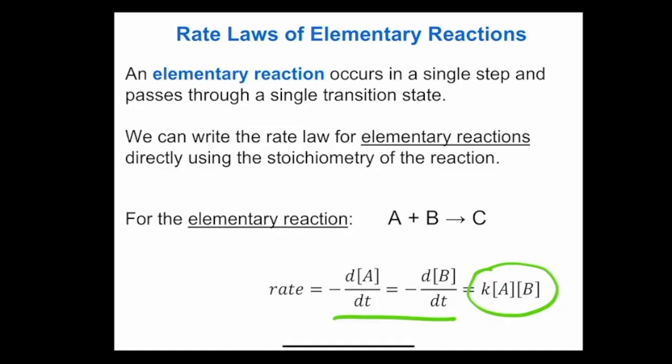So as long as I know it's been defined as an elementary step, this becomes my rate law. If I don't know how a mechanism is occurring, and I do the method of initial rates and solve it, that's kind of telling me that maybe my equation is only one step. Kinetically, I can't distinguish any different.